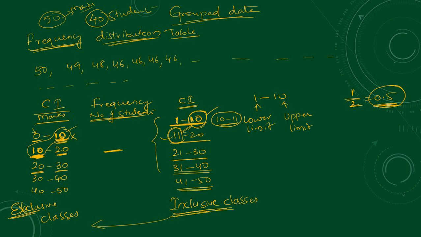Then the classes become 0.5 to 10.5, 10.5 to 20.5, 20.5 to 30.5, 30.5 to 40.5, 40.5 to 50.5. Now if you observe, the upper limit and the lower limit of consecutive classes are equal. That means we can say these are exclusive classes.